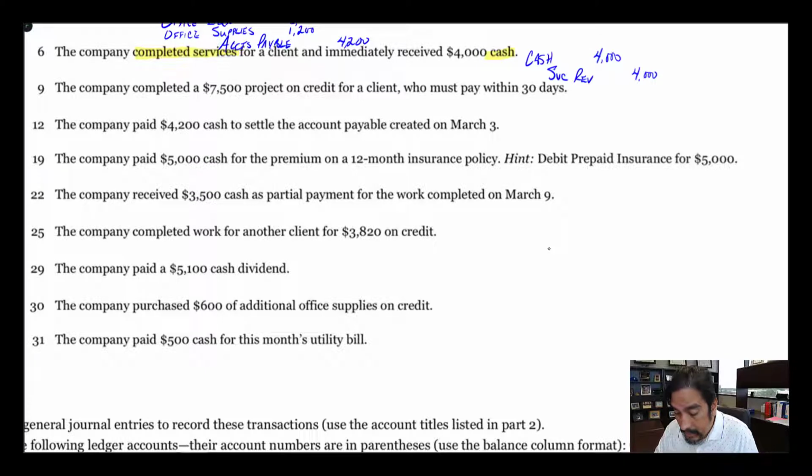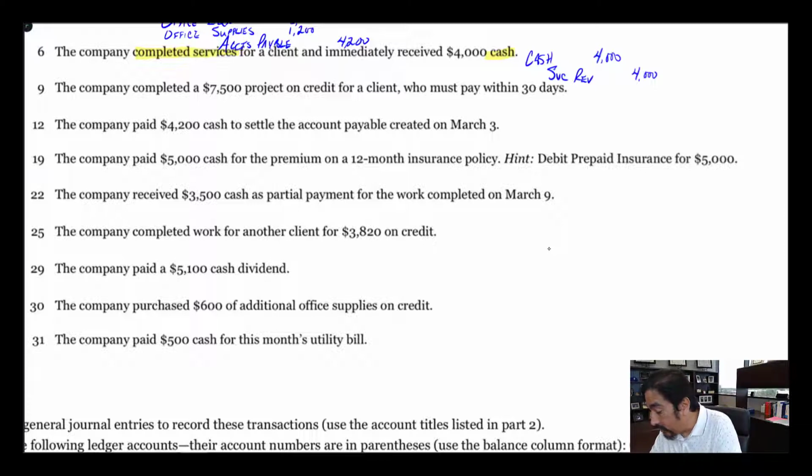Next, we completed a $7,500 project on credit for a client who must pay within 30 days. So we have done a job and completed it, so we've earned it. So this is going to be revenue also.